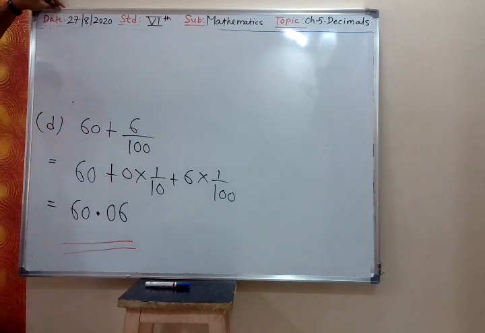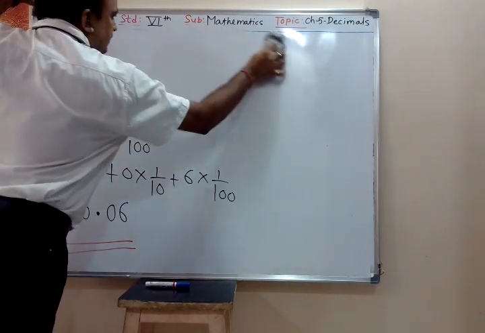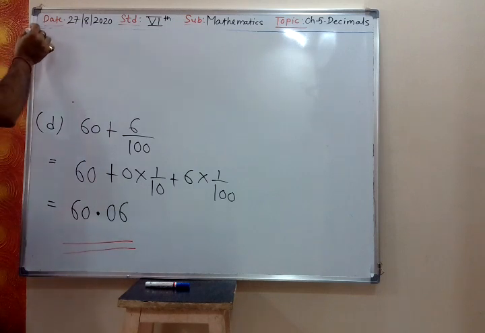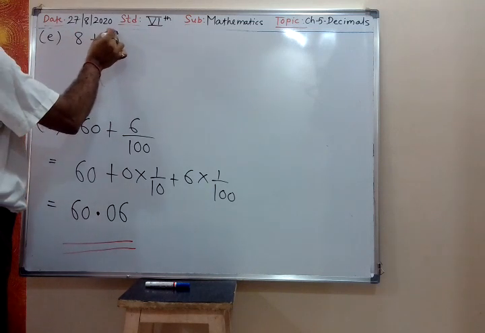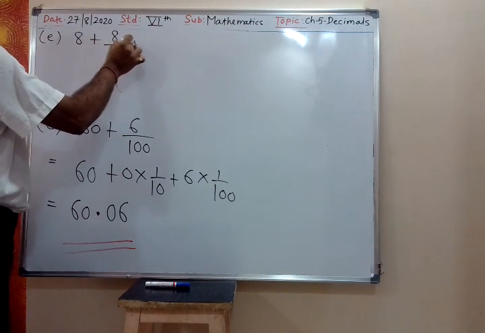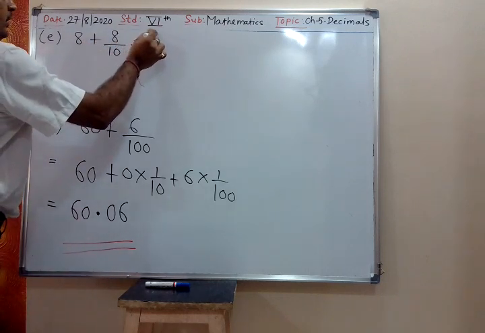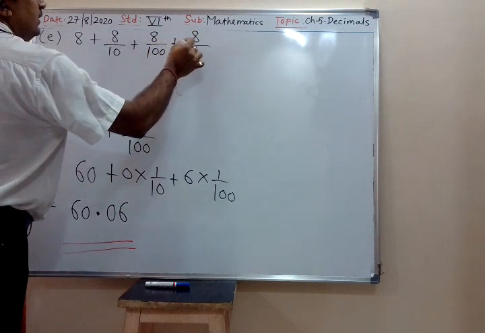Now let us write E part. Now E. 8 plus 8 upon 10 plus 8 upon 100 plus 8 upon 1000.